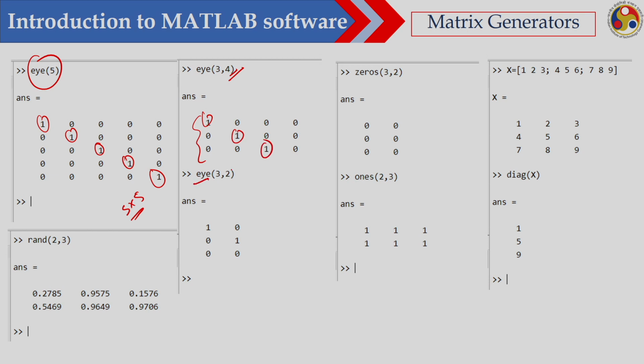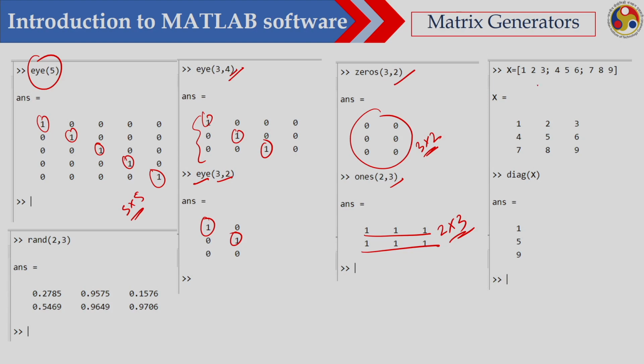And if it is eye 3 by 2, diagonals will be 1, off diagonals will be 0. And zeros 3 by 2 gives all zeros. So, this is a 3 by 2 matrix, and similarly if I write ones 2 by 3, this is a 2 by 3 matrix, and you can see you are getting ones.